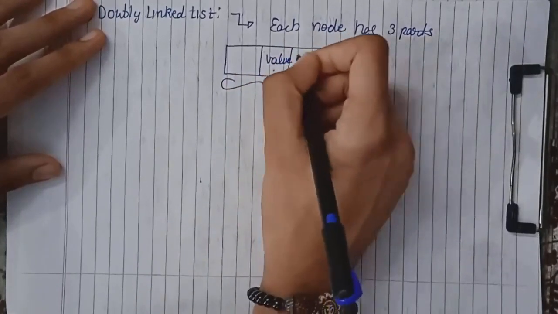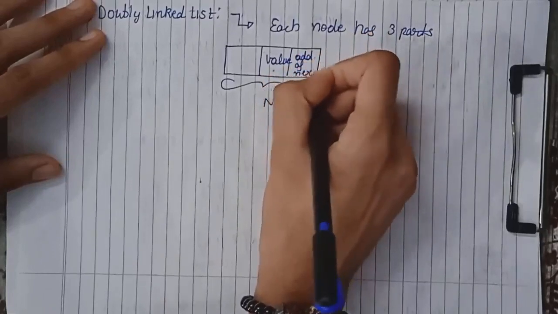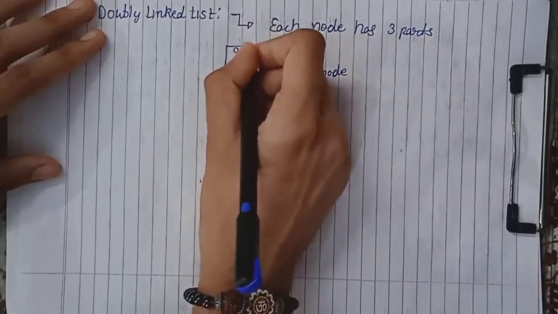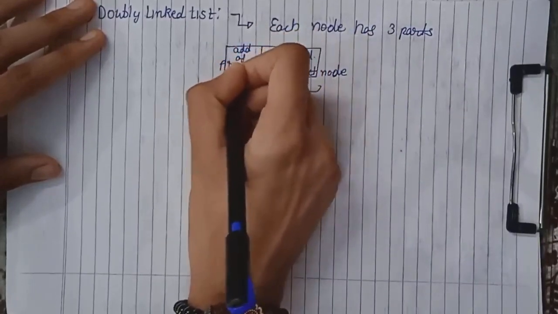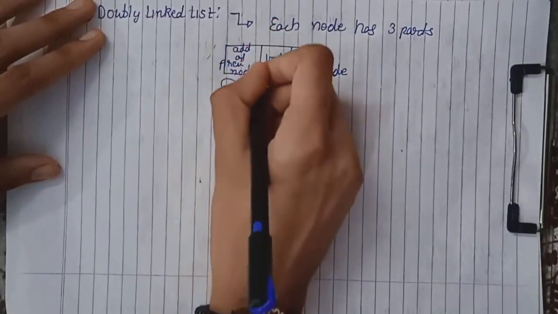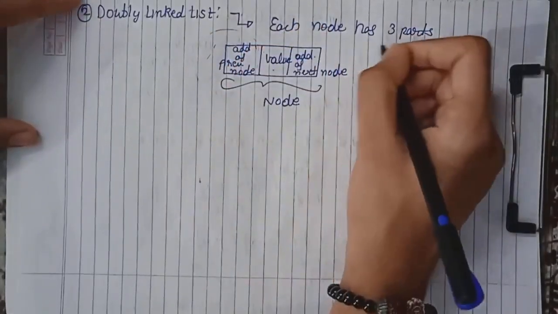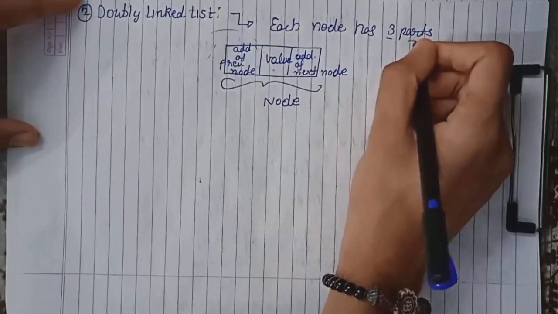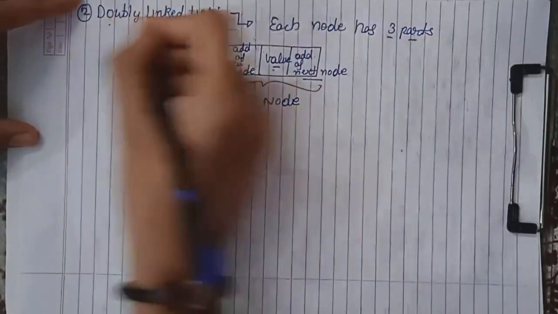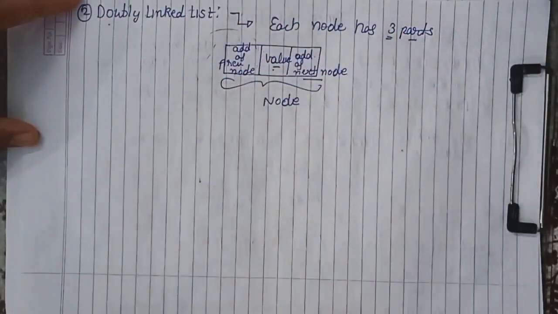This part as usual will store the address of the next node, and this part will store the address of the previous node. So this part is new, this part is added to the previous node, because previously in the singly linked list there were 2 parts, which are the value and the address of the next node. Now in the doubly linked list we have added one extra part, which is the address of the previous node.